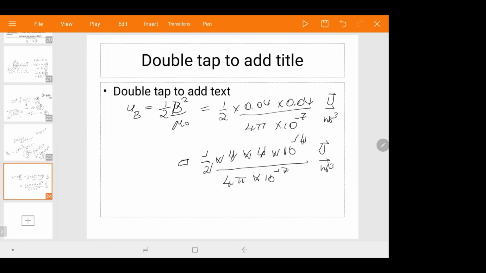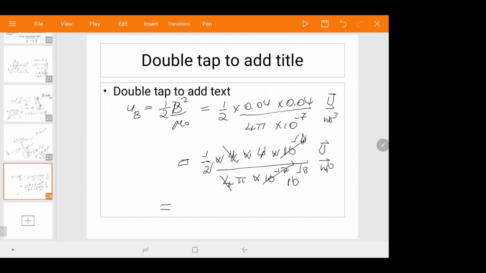You see, -4 cancels -7 and you get 10 to the power of -3. It's very simple to see. When you take 10 to the power of -3 to the numerator, it becomes 10 to the power of +3. It means 1,000. Don't forget, 1,000, positive, not negative. And there's a mistake in the notes. So this 4 cancels one of the 4s over here by 2, 1, here by 2, 2.